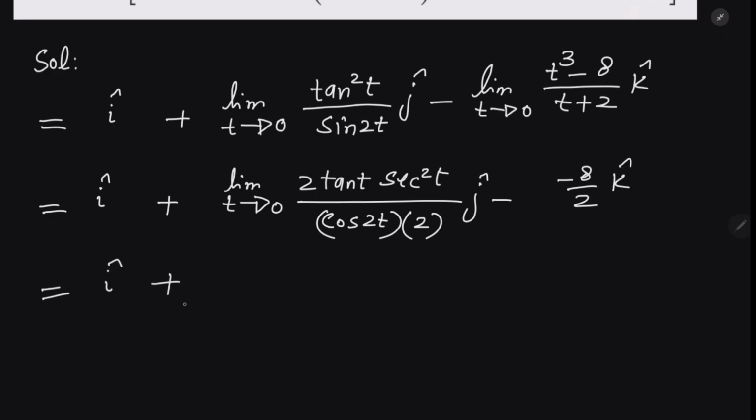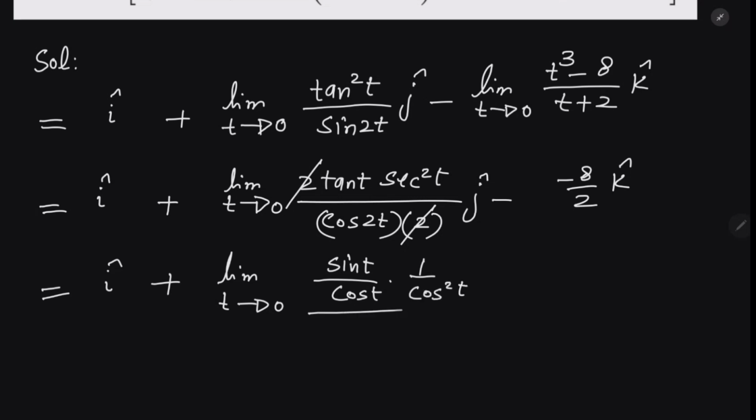I unit vector plus, after solving this and cancelling this out, we get 0. Maybe I solve this for you. Limit t approaches to 0. This becomes sine t over cos t, 1 over cos square t divided by cos 2t, j plus 4k unit vector.